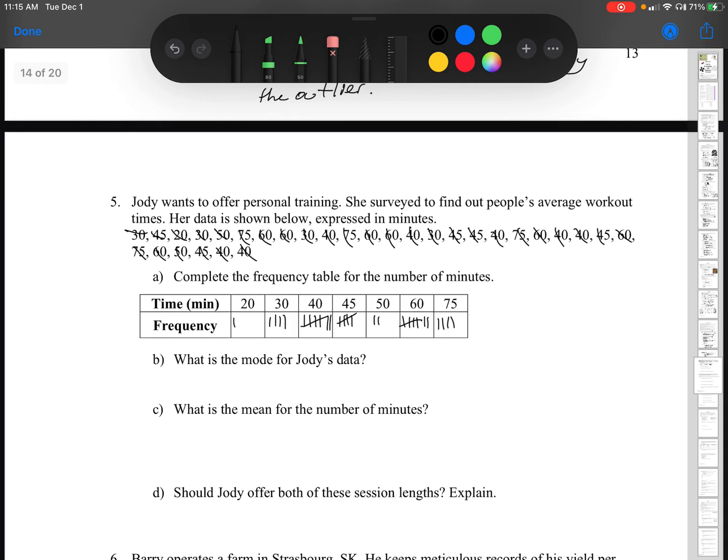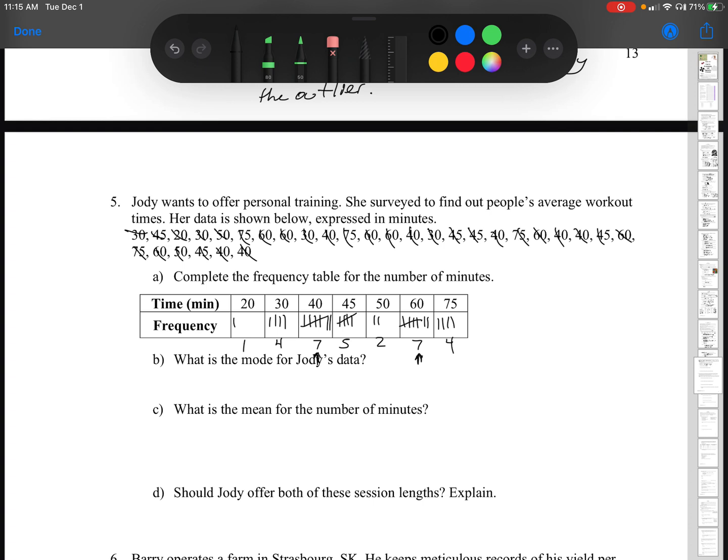Okay, so gone through that. It makes it really nice and easy to see some of the trends of the data. If we put the numbers underneath here, 1, 4, 7, 5, 2, 7, and 4, like so, we can very clearly see from the frequency data table which is the mode, because the mode has the most data points in it.